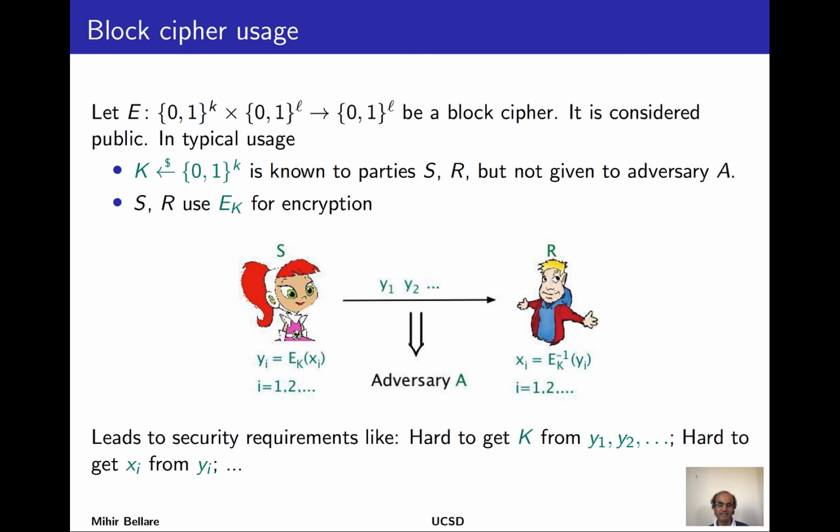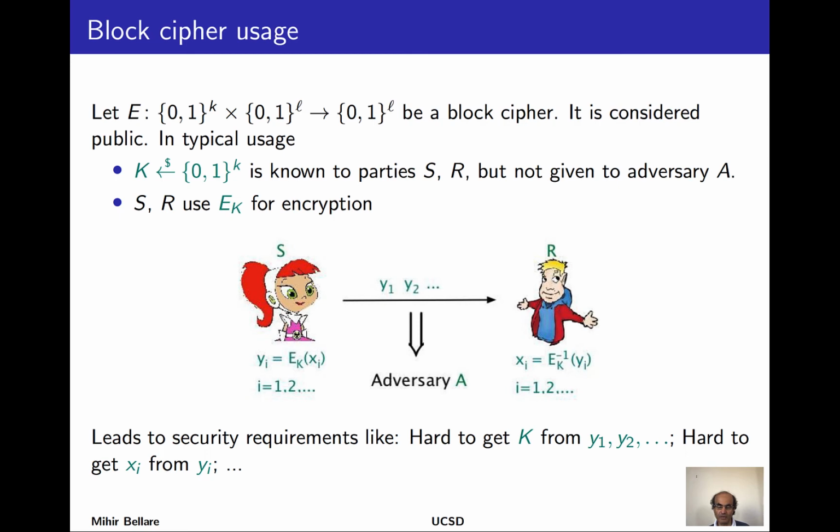Already this leads to several security requirements. We want the adversary looking at ciphertext to have a hard time figuring out what the plaintext were. So going from the y's to the x's should be hard. Even more basic is that it's hard to get the key, and this is the first piece of security intuition that we need to grab onto, which is that when you see results of the block cipher created under a hidden key, it should somehow, for some reason, be difficult to actually lay your hands on the key.